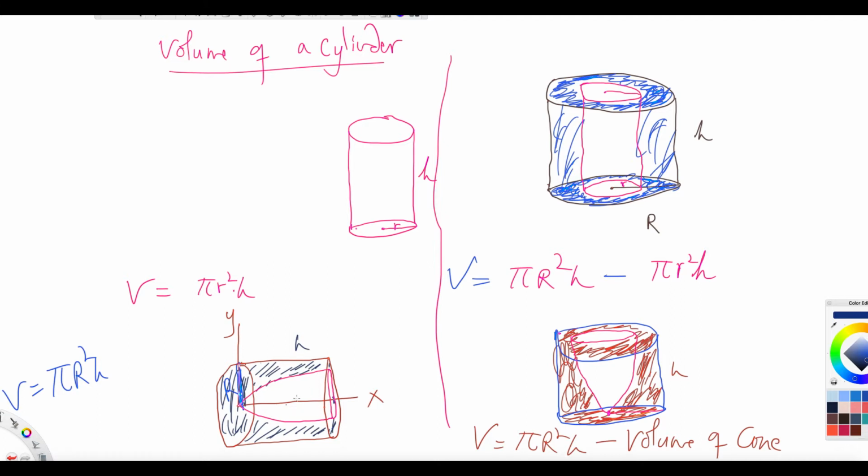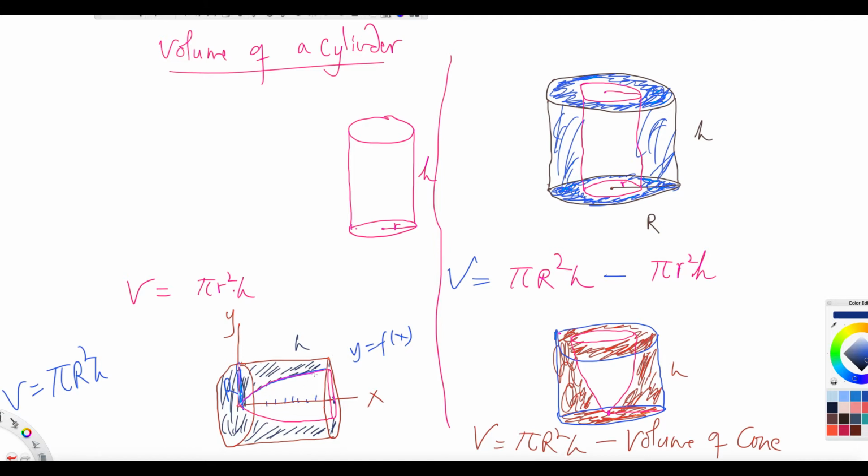how can I find out the volume of this? So the volume of this is also, you can think of that cone as a cylinder, but the radius is changing. Suppose that this curve has equation y equals f of x. Because you see that for each x, y is changing.